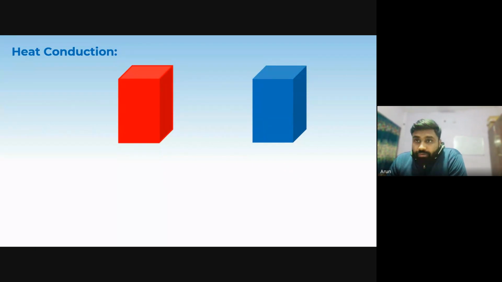Now, having found out what heat conduction is, we want to formulate it, to see it in actual mathematical form. So that is the heat conduction here. You can obviously guess this red hot system has a higher temperature and this blue one has the lower temperature.